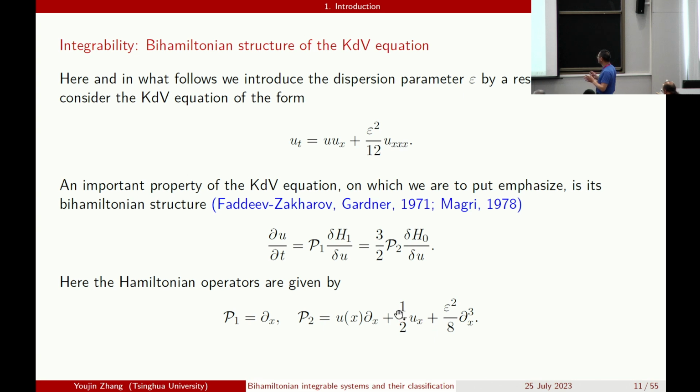So this means that if we use these two Hamiltonian operators, we can define two Poisson brackets for the functionals, and these Poisson brackets are bilinear, antisymmetric, and satisfy the Jacobi identity. The first Hamiltonian structure was given by Faddeev, Zakharov, and Gardner in the 70s. And then the second one was given by Franco Magri, also in the 70s.